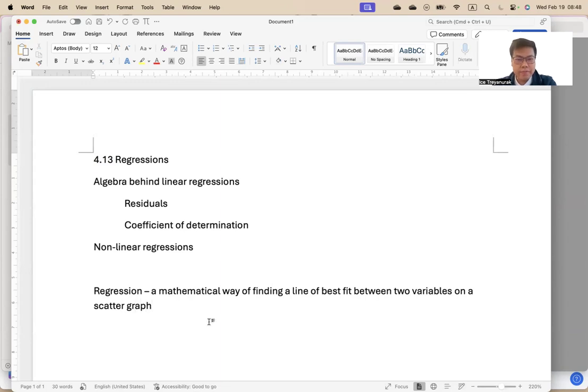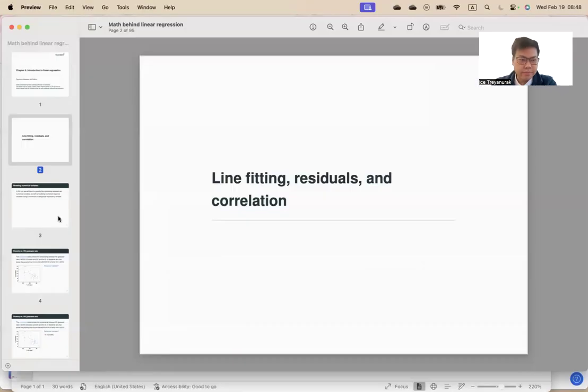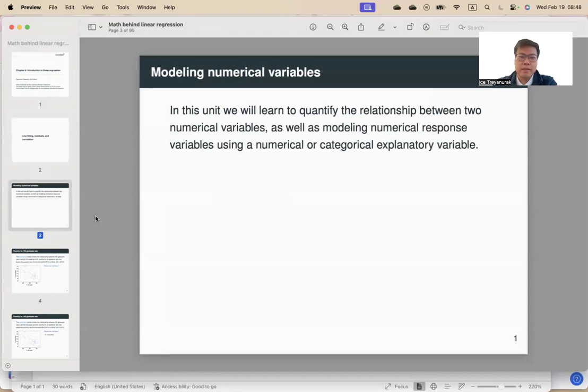So that's what we'll see. We're going to look at how to quantify relationships between two variables. And as we discussed before, we want to be able to distinguish between variables that affect another variable. So which variable is the one that's independent and which is the one that's dependent.